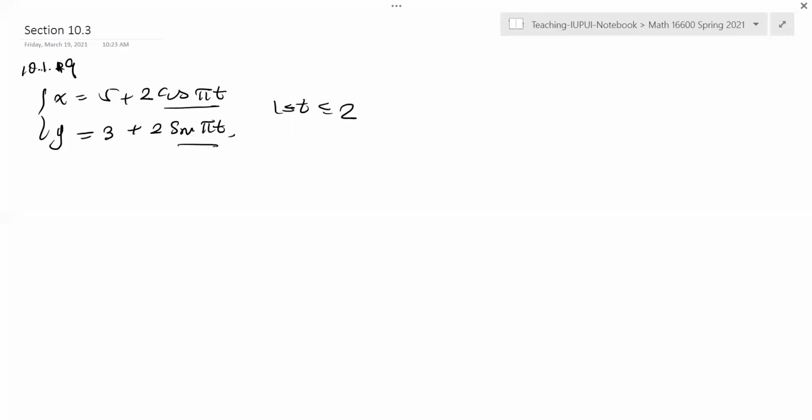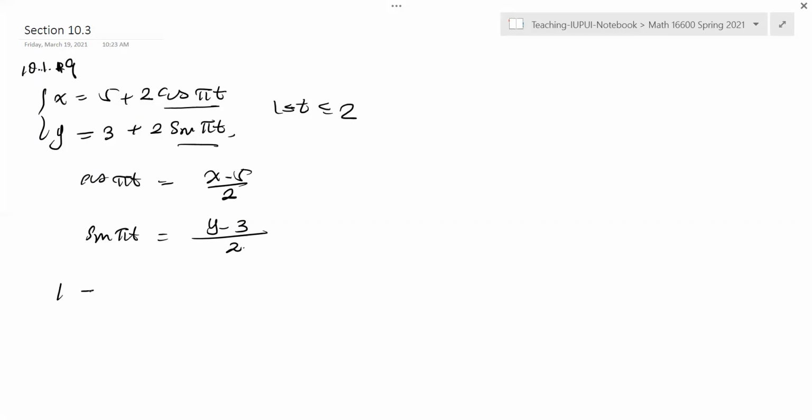We know cosine squared plus sine squared equals 1. So you solve for cosine pi t from the first equation, that's (x minus 5) divided by 2, and sine pi t equals (y minus 3) over 2.